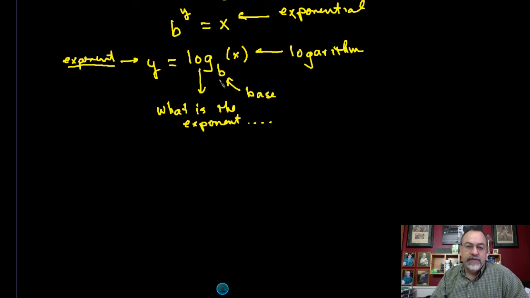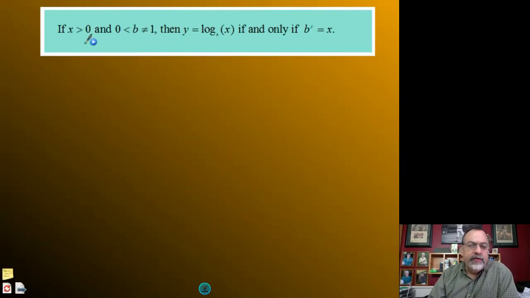Now, there are a couple of restrictions as to what b and x can be, so let's take a look at those. We have here that x must be greater than 0, and the base b must be greater than 0 and cannot be 1. So let's take a look at why those restrictions are there.